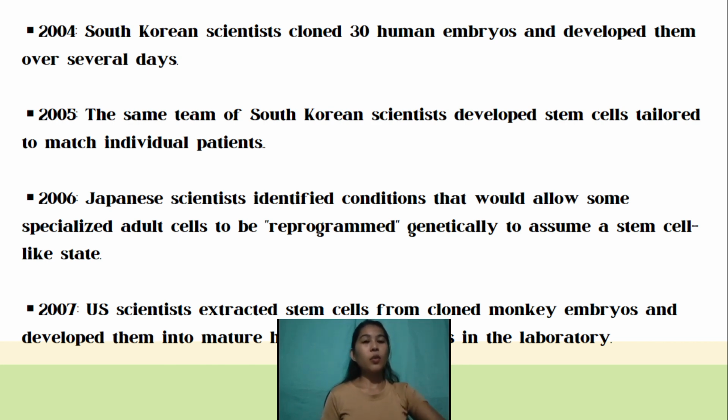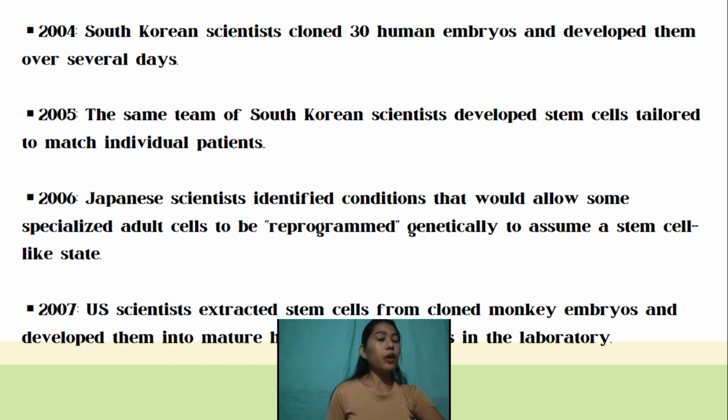In 2007, in the U.S., scientists extracted stem cells from cloned monkey embryos and developed them into mature heart and nerve cells in the laboratory.